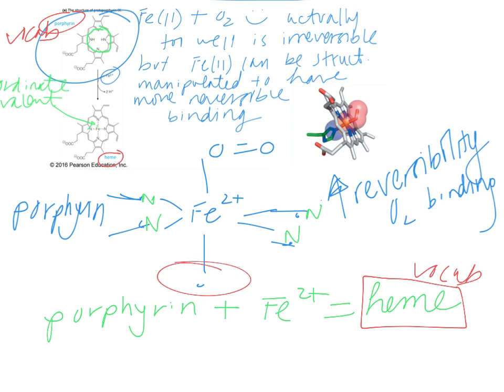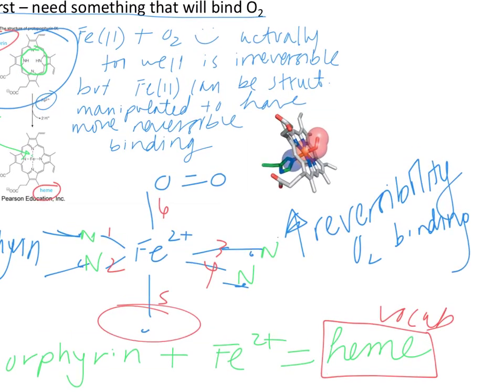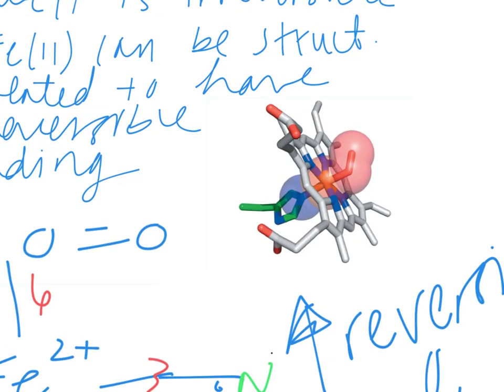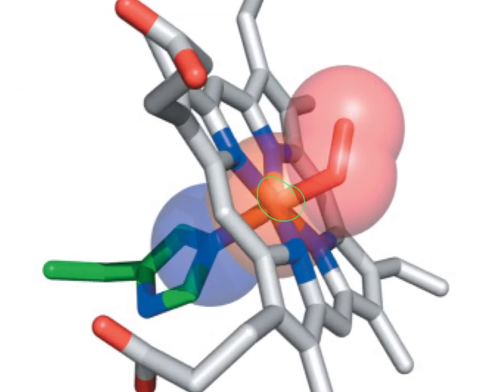All right, so that leaves site number 5. If we call this 1, 2, 3, 4, 5, 6 has to be the last open site for oxygen. So I'm going to go into this picture right here. You can see the iron is in the center. Blue again is nitrogen, so there are 4.